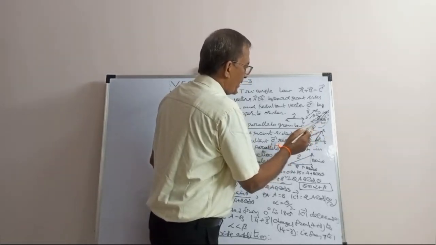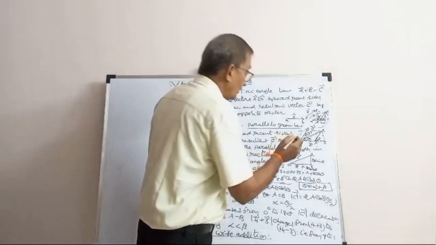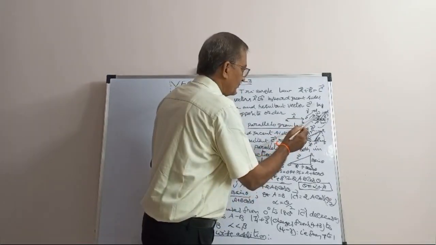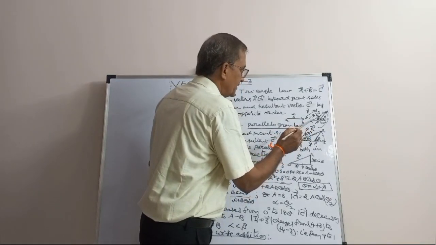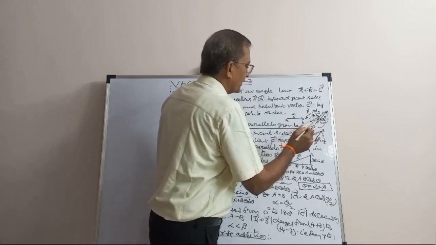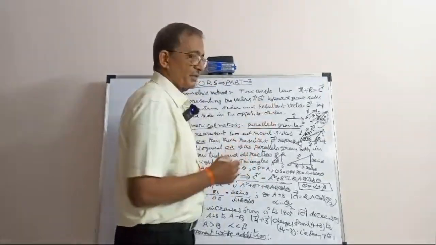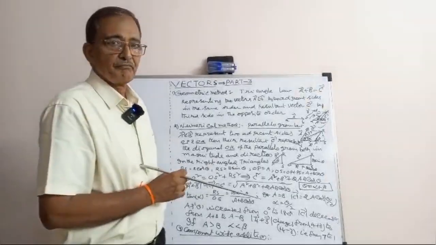A bar and B bar are representing the two adjacent sides of a triangle. Now, their resultant C bar, which is A bar plus B bar, is represented by the third side in the opposite order, that is in the clockwise direction. So this is the triangle of addition theoretically.